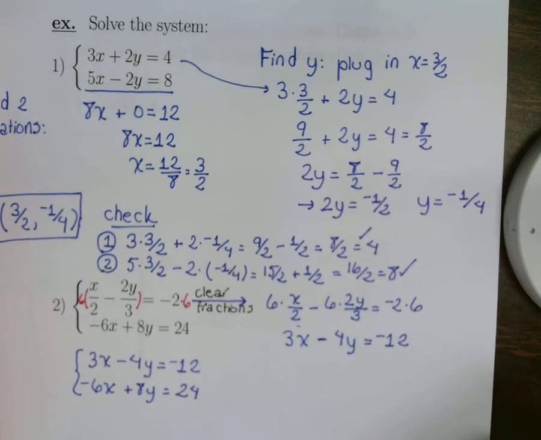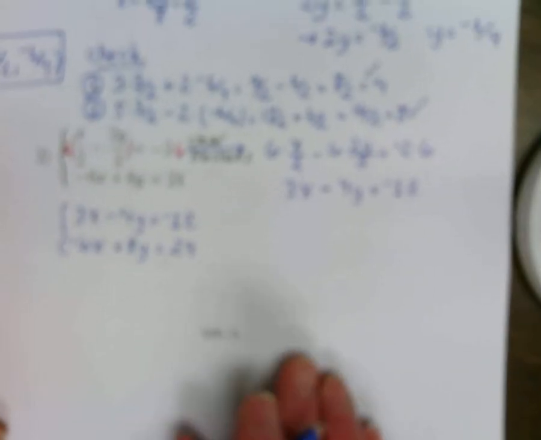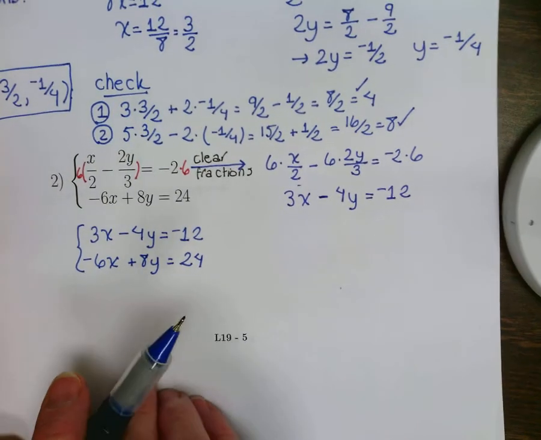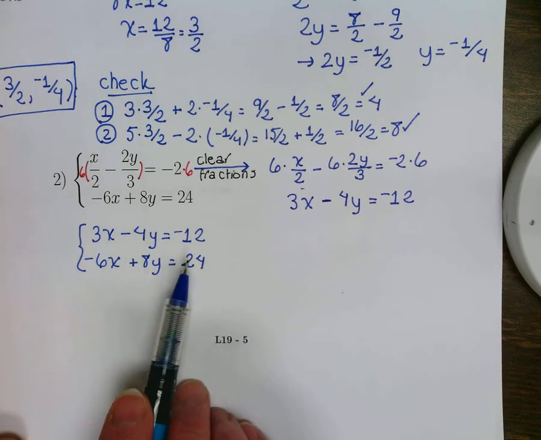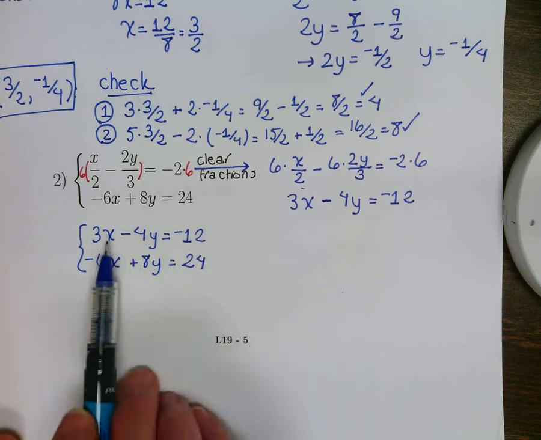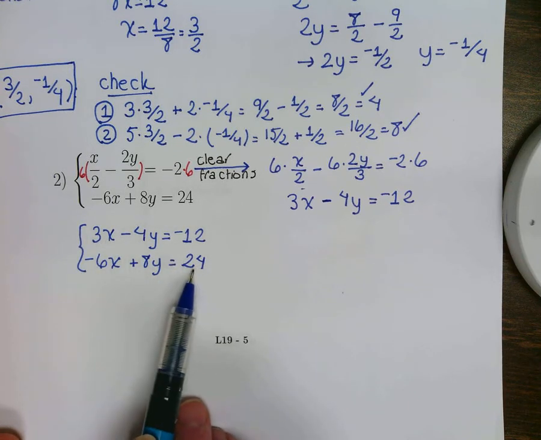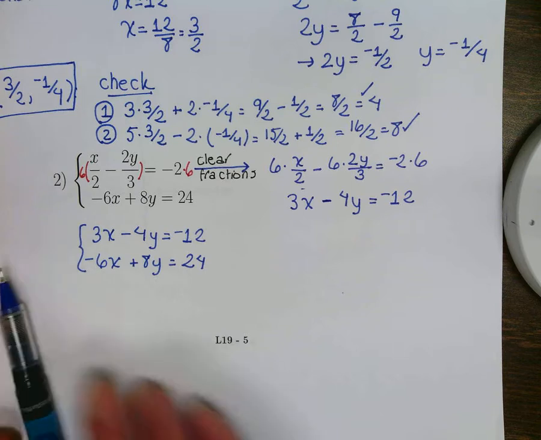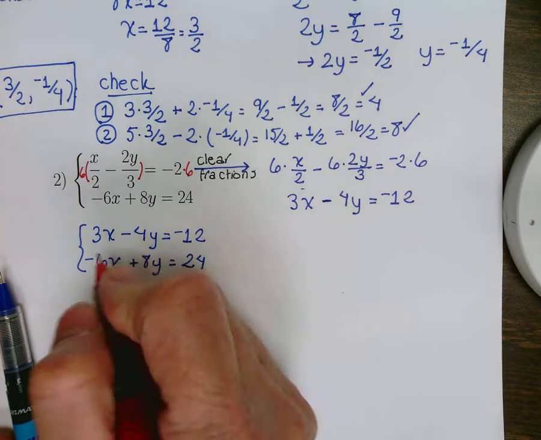Okay, so I've got my first, or improved form of that system, but it is still not going to be correct because I can't eliminate a variable yet. So what I'm going to do is manipulate the system.